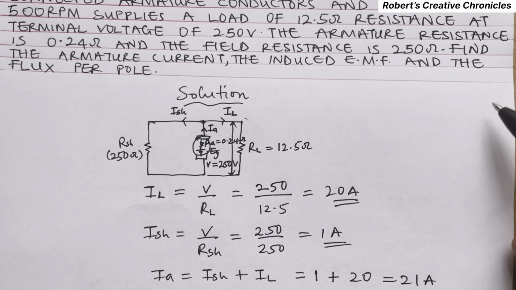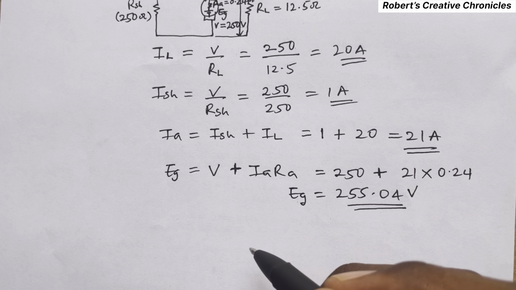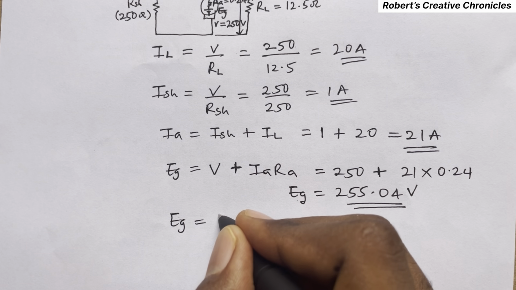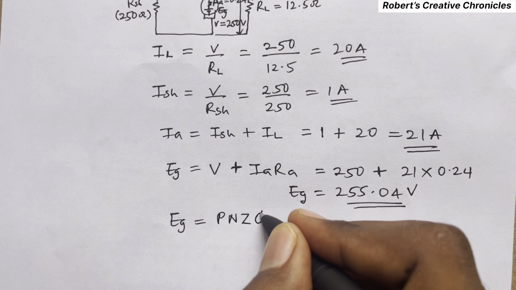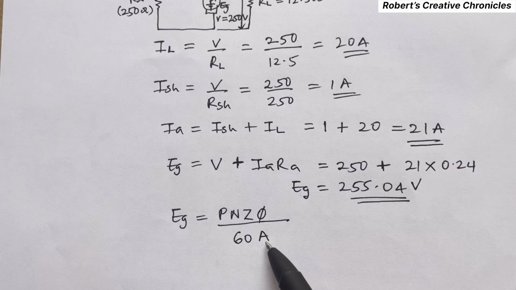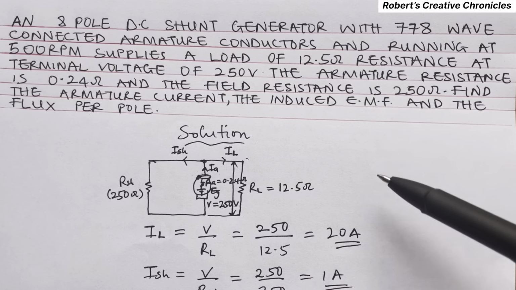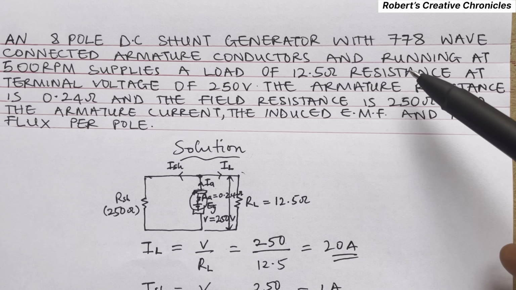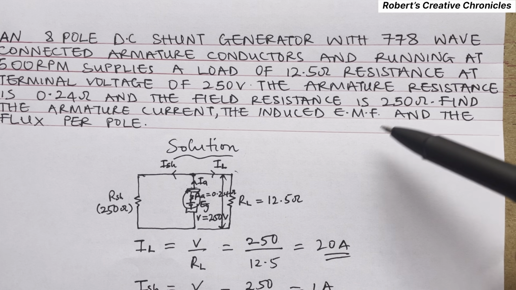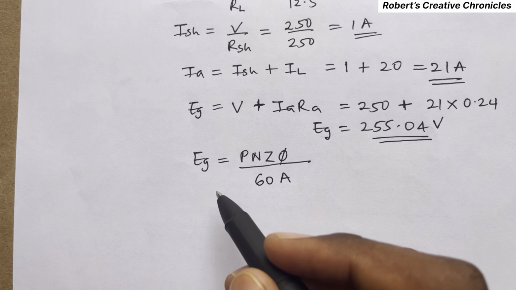So the last one is the flux per pole. The formula that we're going to use to calculate the flux per pole is EG equals PNZ phi over 60A. This A is equal to 2 for wave winding, and if it were a lap winding, A is equal to P. So please take note of that.